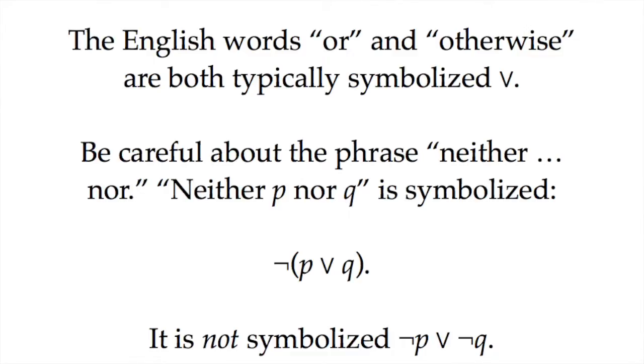If I tell you I am neither Chinese nor American, that does not mean either I'm not Chinese or I'm not American. It means I am not either Chinese or American. Okay? And so you got to remember this. Whenever you see neither nor, the not applies to the entire disjunction. It does not apply just to the disjuncts.